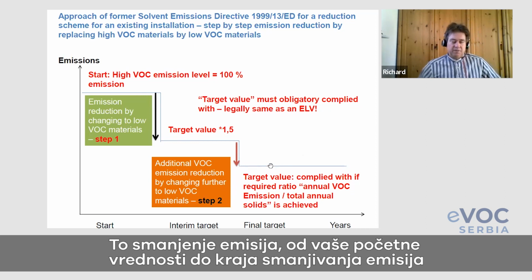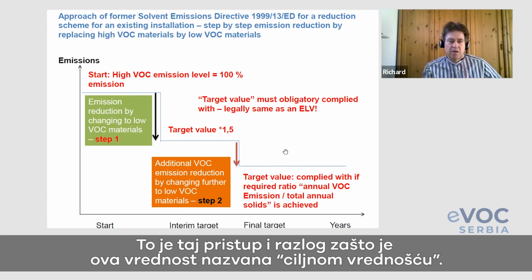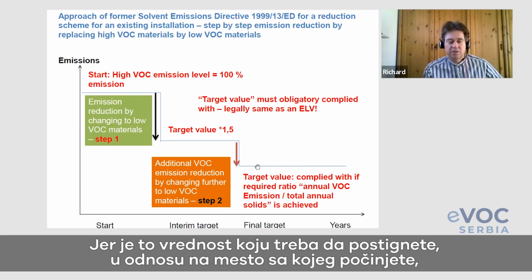And in ideal case, that reduction from where you have been started to the end is minimum what you would achieve by the application of a VOC waste gas abatement. So that is the approach and the reason why the value was named target value, because you start and that was the value that you should achieve.